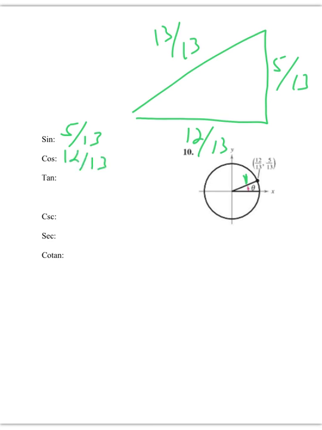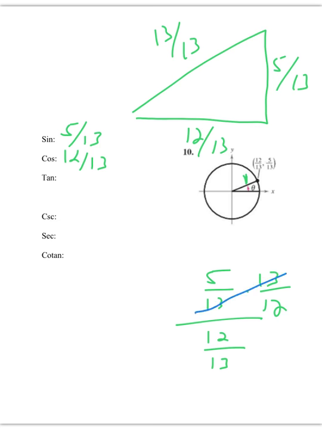Tan is going to be our y over our x, so I'll do this down here, 5 13ths over 12 13ths. When dividing fractions, don't ask why. Flip the bottom one over and multiply. So we can see now, I can cancel the 13ths.